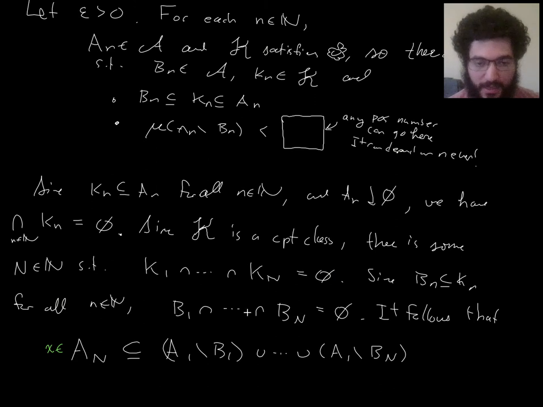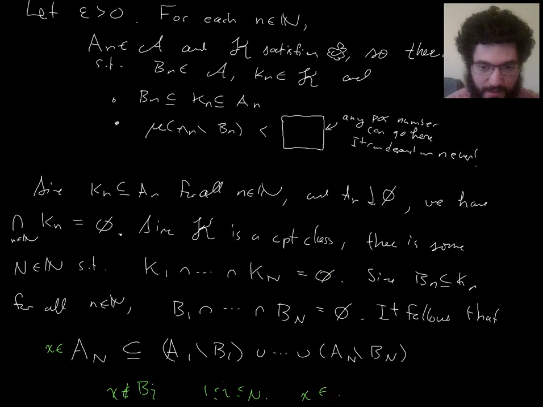Whichever one x is not in, x is in the complement, the corresponding complement in this list, right? Typo here, this should have been n, sorry. So if x is not in B sub I, there's going to be some I such that x is not in B sub I, right? Otherwise it would be in all of these and this is empty, so that would be a contradiction. So x fails to be in at least one of these for some I between 1 and n.